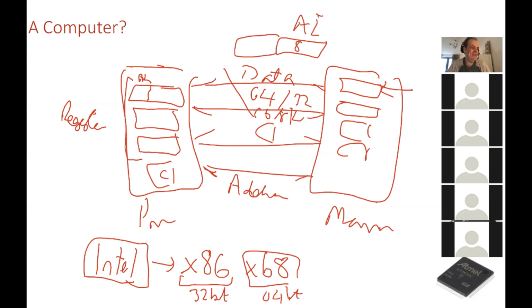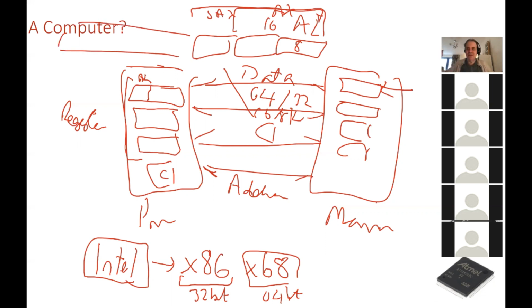And then there was AX, which was 16 bits. And then there was EAX, which gives you 32 bits. And then obviously your registers can now be 64 bits and so on. So at the machine level, the code itself was defining how much data it would support at any given time.